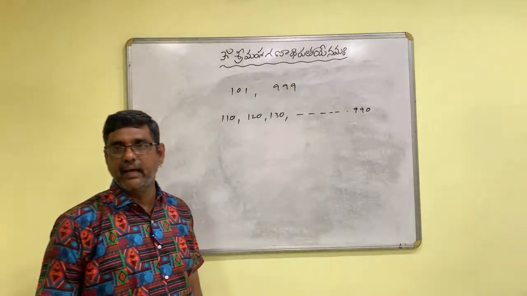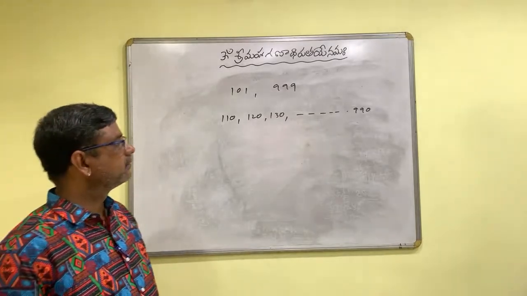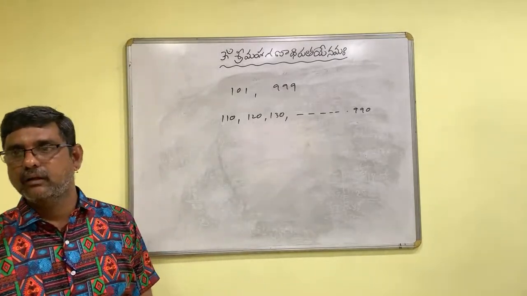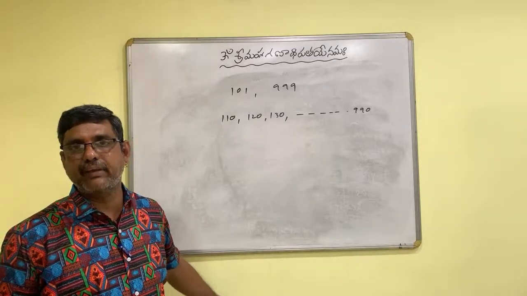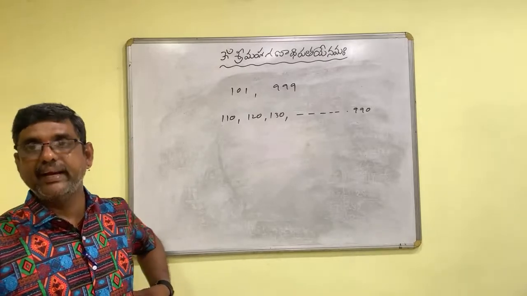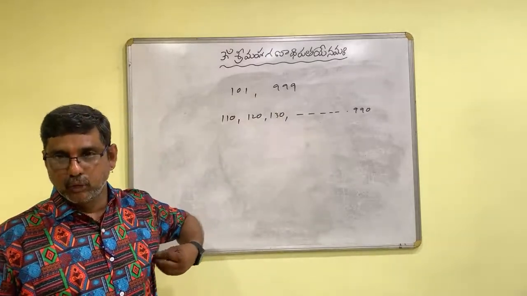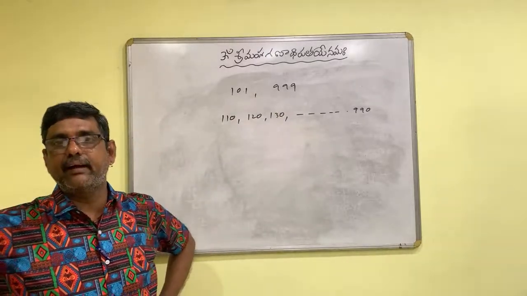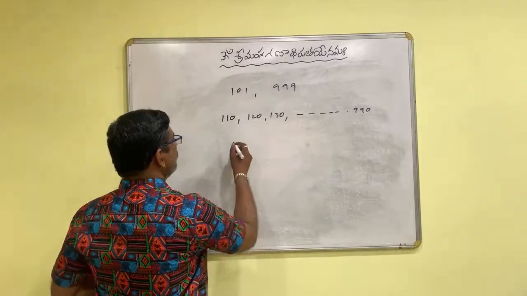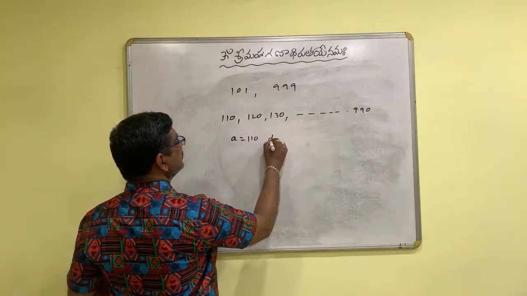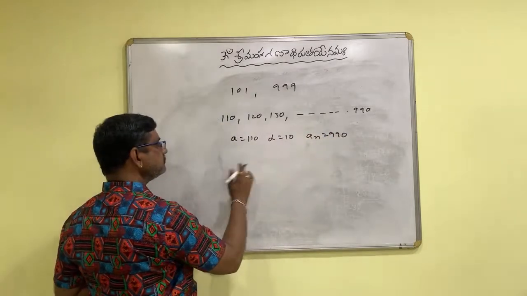What do we have to calculate? The question is, how many terms are there between 101 and 999 that are divisible by both 2 and 5? A is 110, D is 10, an is 990.